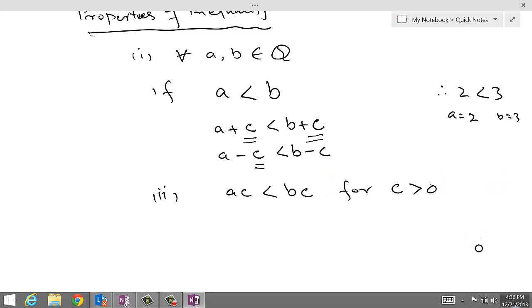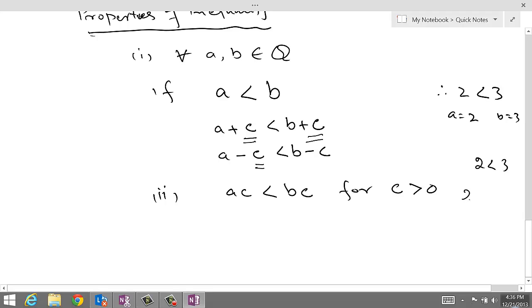Just like if you have 2 is less than 3 and you multiply 4 on both sides, 2 times 4 is less than 3 times 4. So this will be 8 and this will be 12, and you can clearly see that this property is holding because the multiplying number was positive.